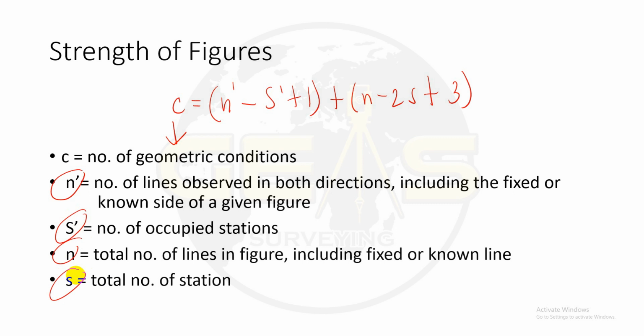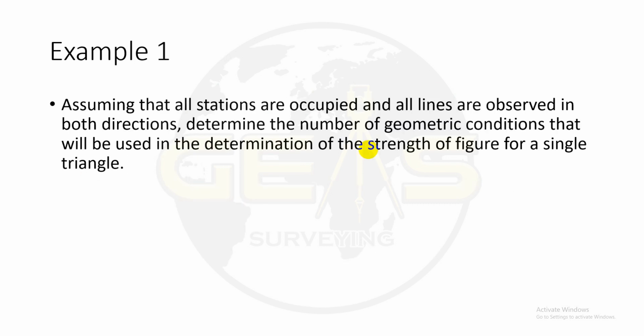Okay, let's have an example. We have example number 1. Assuming that all stations are occupied and all lines are observed in both directions, determine the number of geometric conditions that will be used in the determination of the strength of figure for a single triangle.